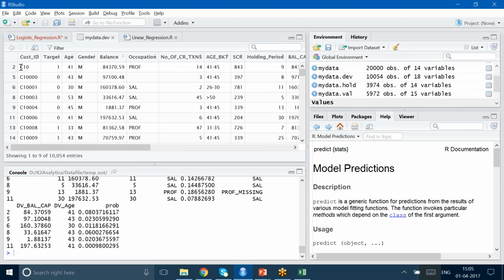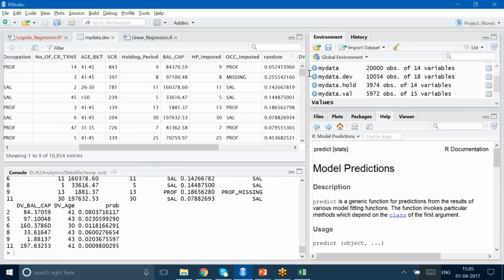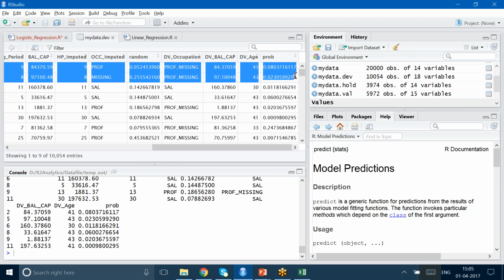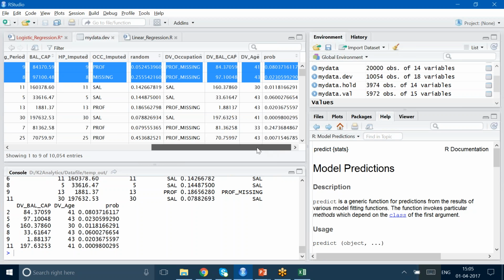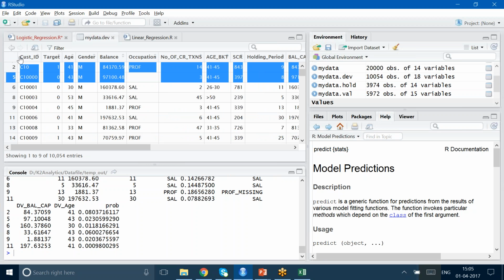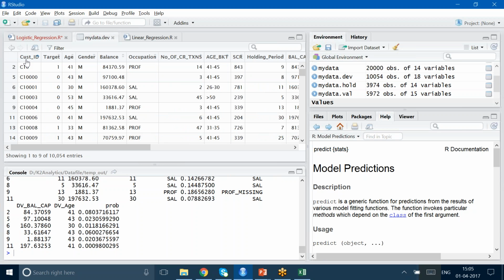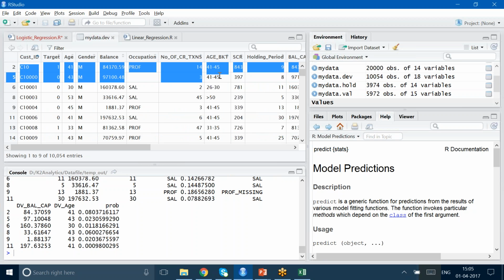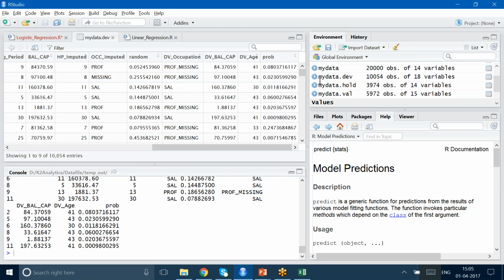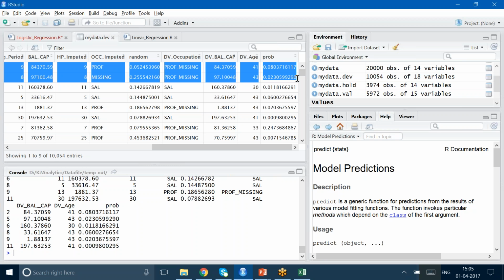I'll just copy this first customer. I need to copy the headers also. Let me try that. There are two rows which I have copied.